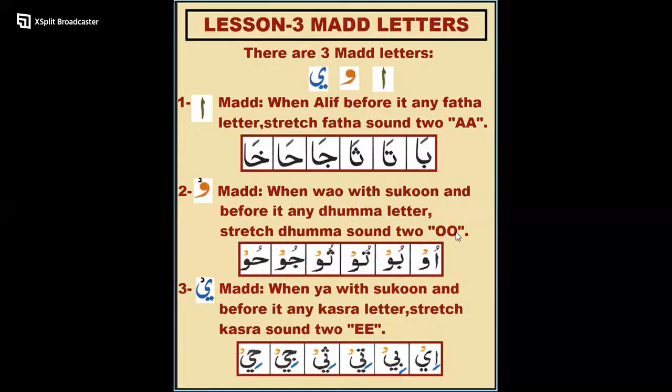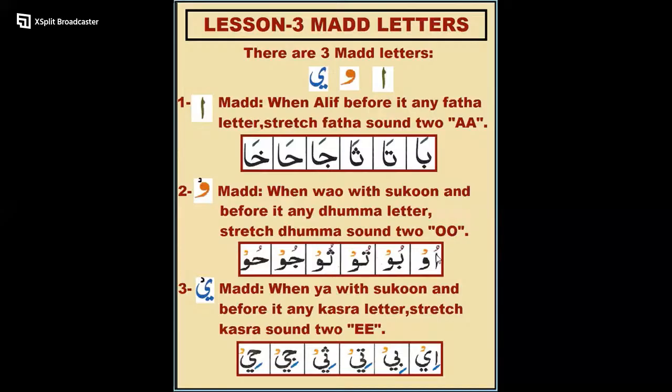But when waw has sakoon and before it we see any dhamma letter, then we stretch the dhamma sound to oo. Let's have a look at the example. Hamza waw dhamma oo. You can see the waw has sakoon, jazm, and before it the letter has pesh, dhamma.